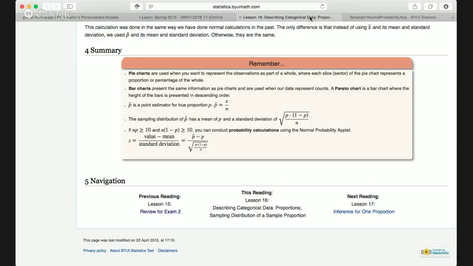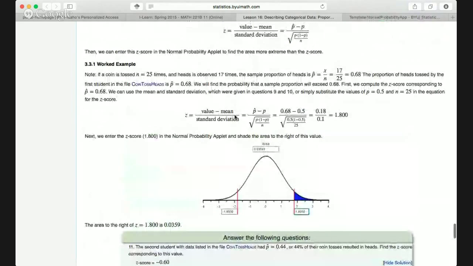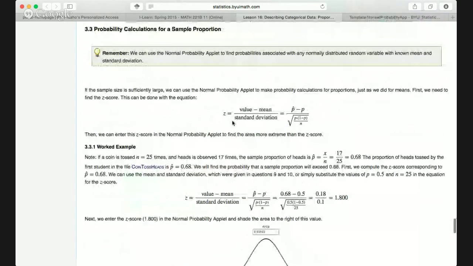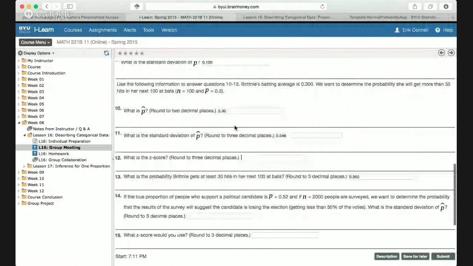Let's see, how do we? Oh, don't we just have to plug in 0.30 into the probability applet?